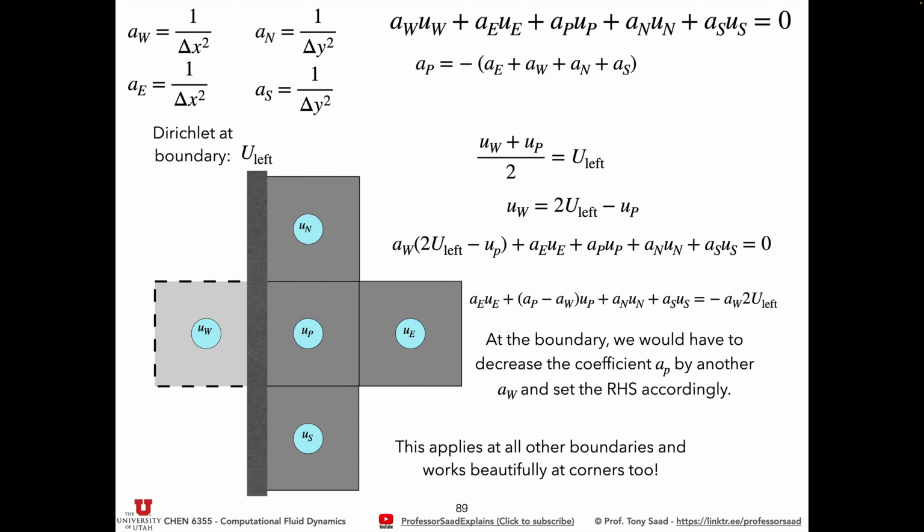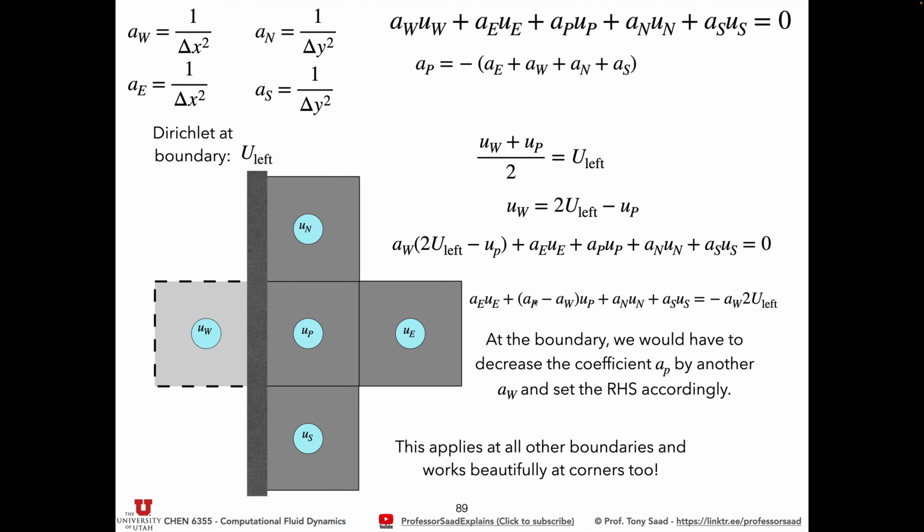So if you take U west and plug it back into our standard equation up there, A west U west plus A east U east, etc., then you can eliminate U west entirely. Then you move things that you know to the right-hand side, which is A west times 2 times U left. So you get minus 2 A west U left on the right-hand side, like over here.